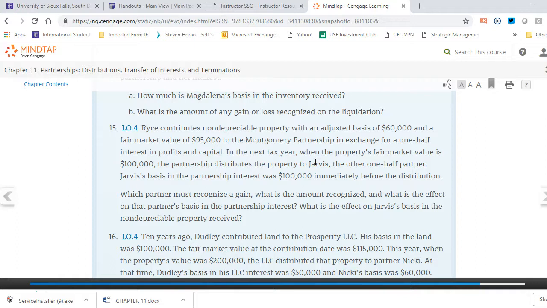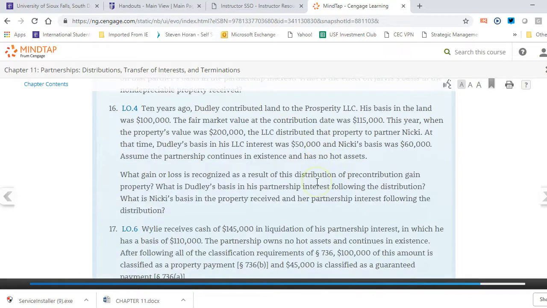So essentially, to summarize for Rice: he recognizes the $35,000 gain. Also, Rice's basis in the partnership goes up by 35. For Jarvis, he increases his basis in the property by the same amount, 60 plus 35 to 95. Okay, so that's basically the answer.